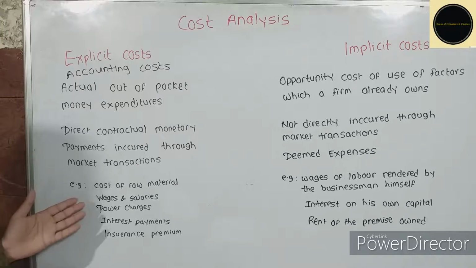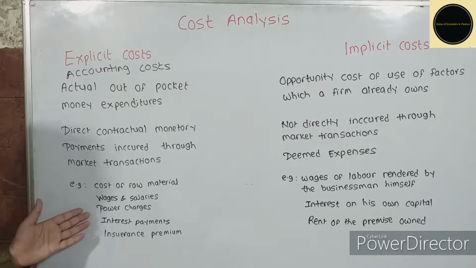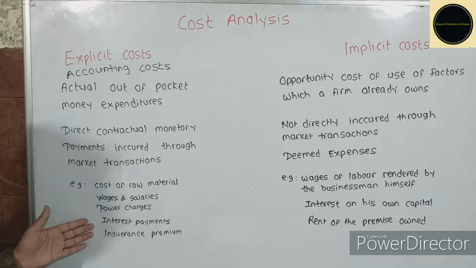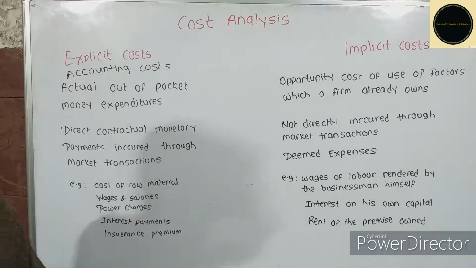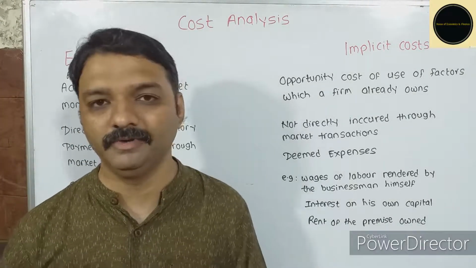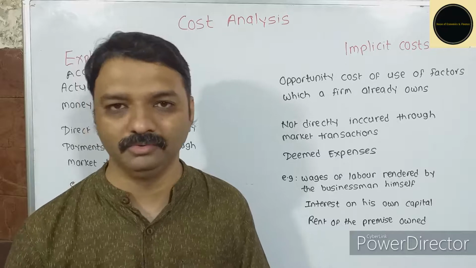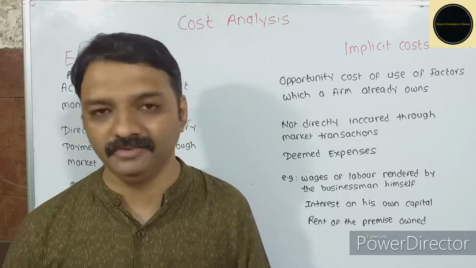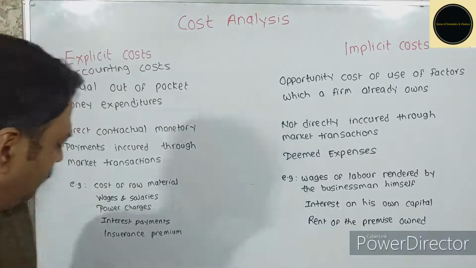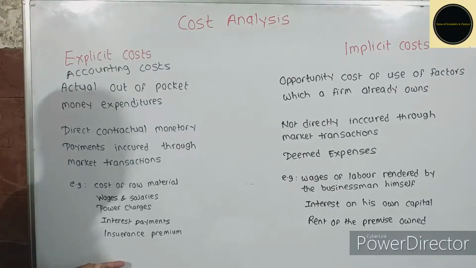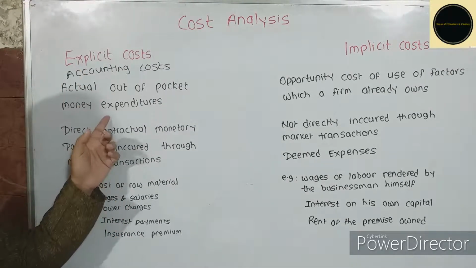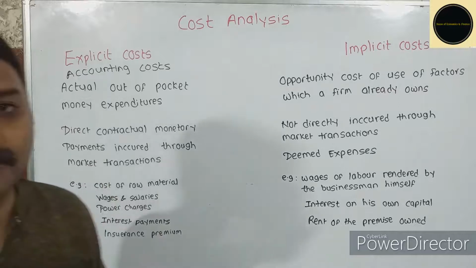For example, the cost of raw material, wages and salaries paid to the employees, power charges, electricity charges, interest payments on debt. These are direct costs. Insurance premium, if he has insured the machinery and factory, etc. Let us say various equipment that he owns, he will need to pay insurance on that. So these are direct out-of-pocket expenditures which are called explicit costs.